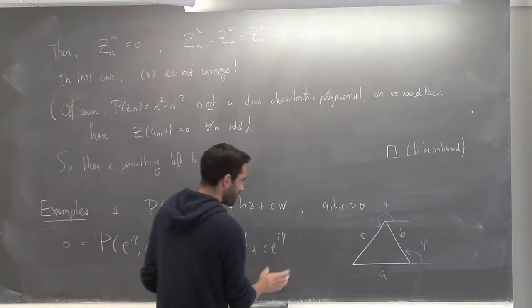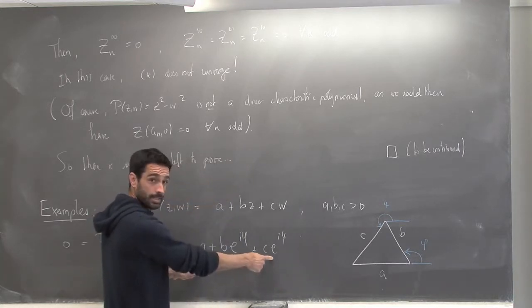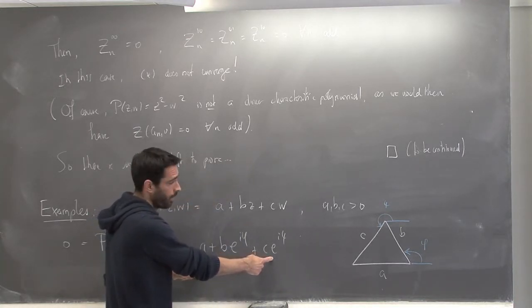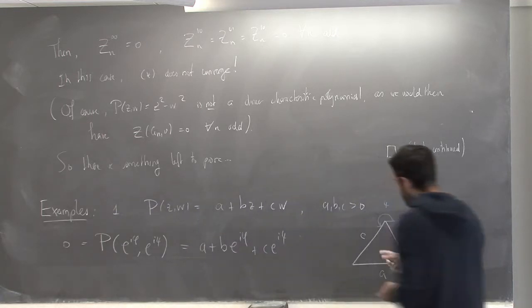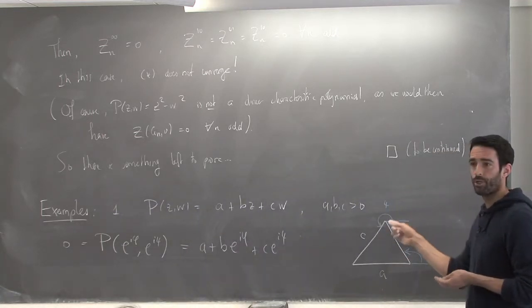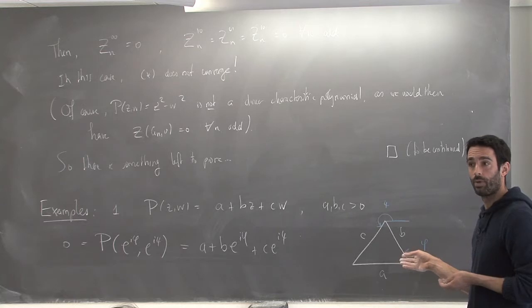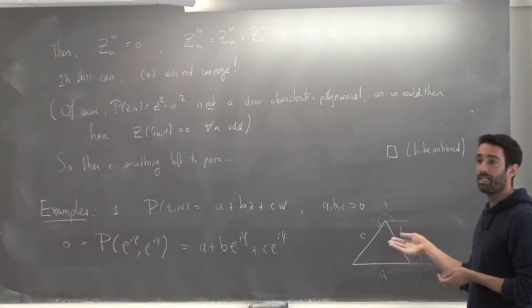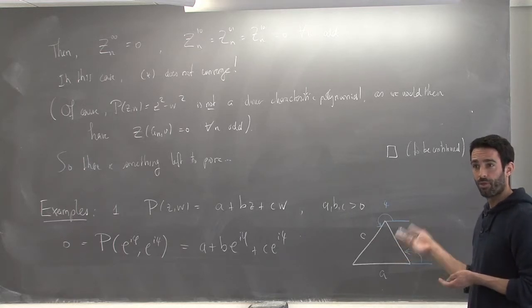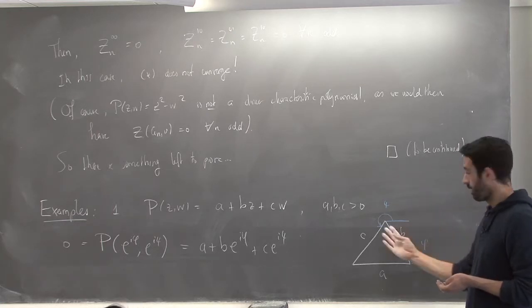And so saying that this has a zero means that A, B, and C are such that we can form a triangle with these 3 lengths. How many triangles can you form with 3 lengths? 2 of them. They're conjugate.